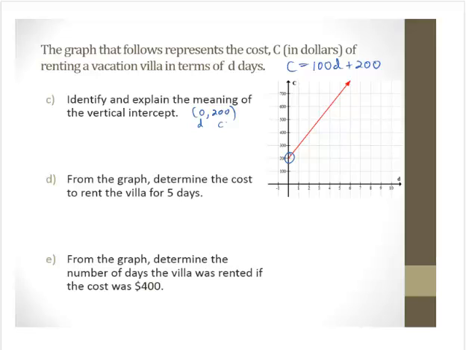Now we know the daily cost is $100 per day. So what I'm going to say here is there is some fixed down payment of $200 for renting the villa.